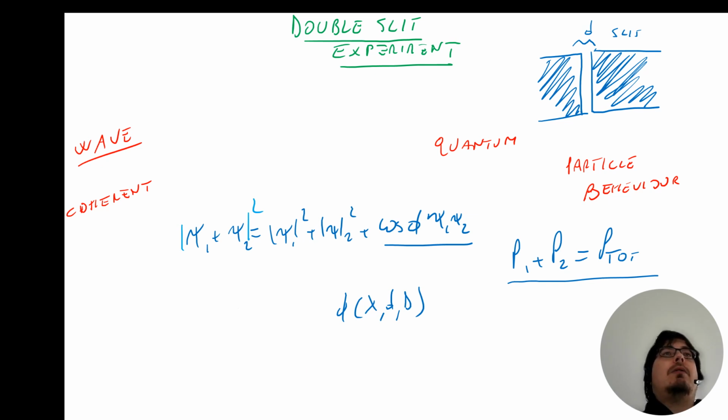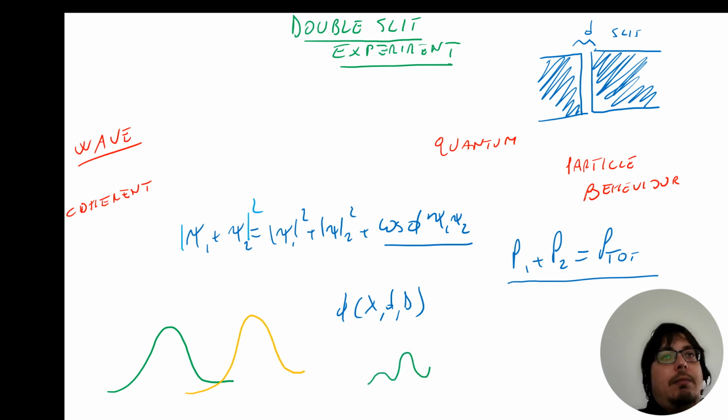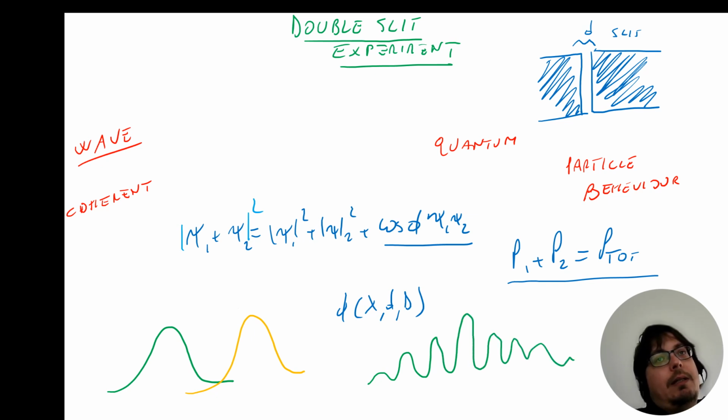Okay, so I will give you here just a highlight of the two distributions, one, and then there is the other one where we have two bumps, or we have the intensity distribution of the single wave, and then we have this intensity distribution given by single photons, one at each time, that builds up the same shape as the wave, but one photon at each time.